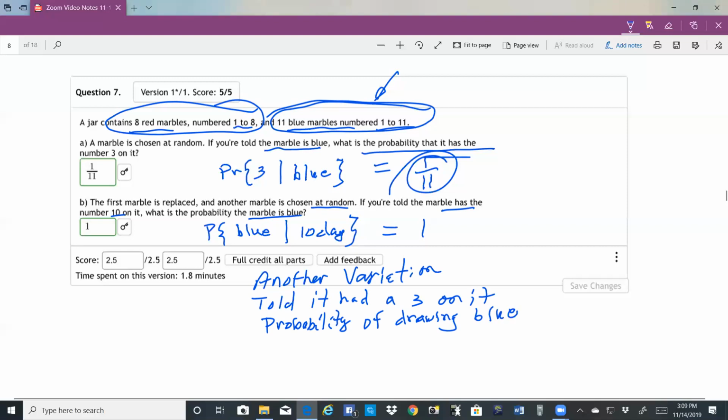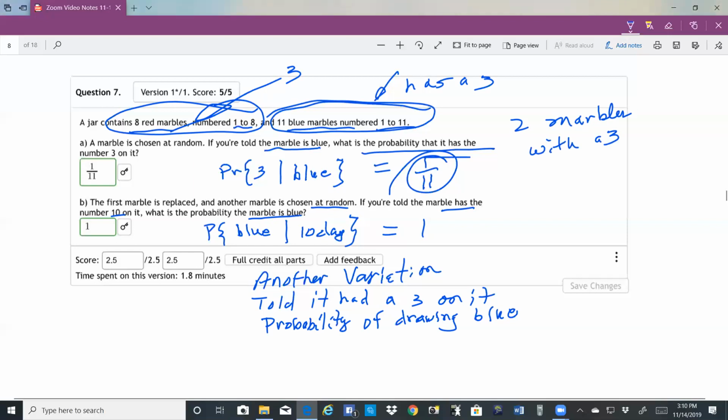Well, if you look at both sets of marbles, the first set has a 3 because it's numbered 1 to 8. The second set has a 3. So there are 2 marbles with a 3.